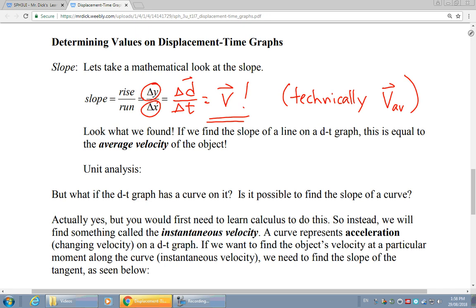So, in our case, what we just saw is that our formula is delta D, or in other words, displacement divided by delta T. When we do unit analysis, I like to start by writing out the variables that are included in our calculation.